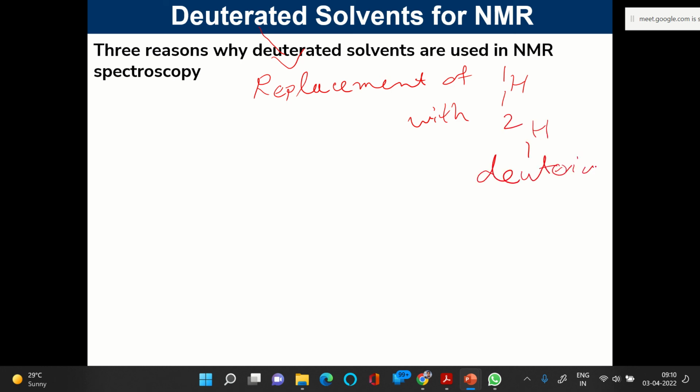A solvent in which the hydrogen atom has been replaced with deuterium is called a deuterated solvent.